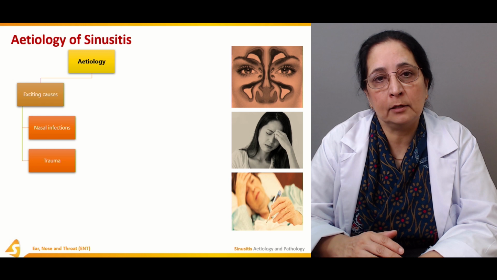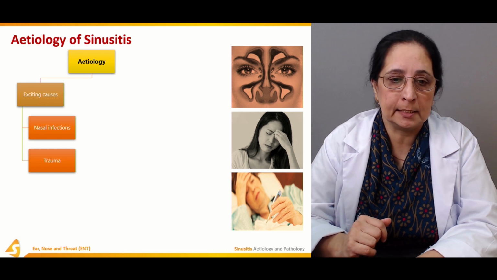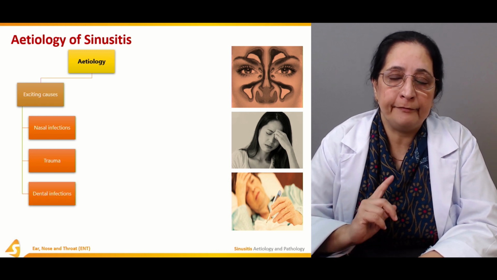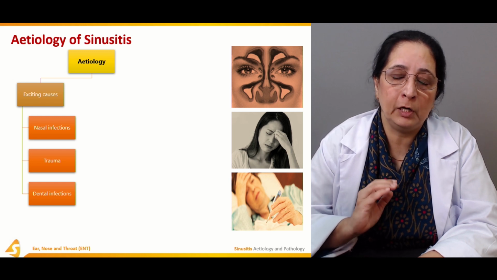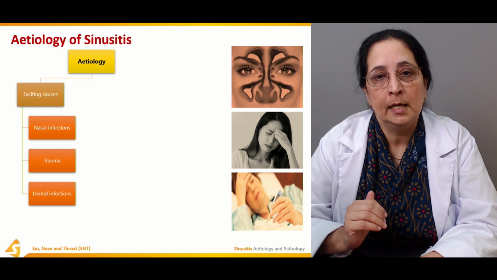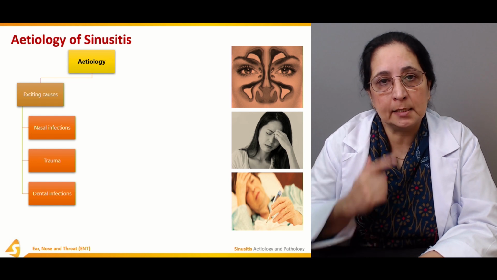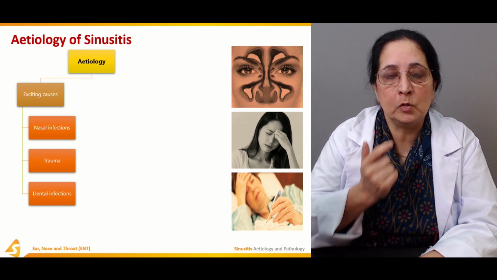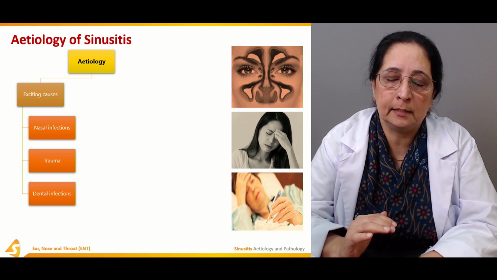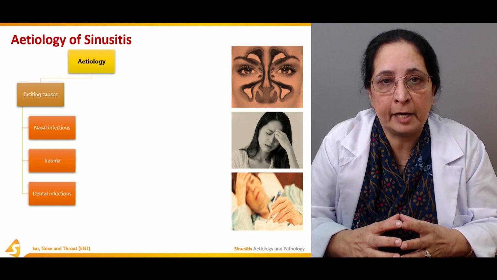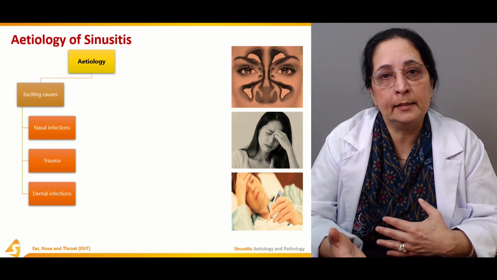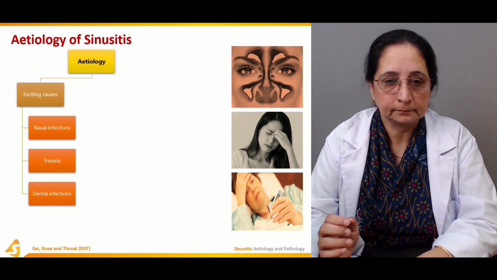Any trauma can cause sinusitis. Dental infections, upper dental infections, are a very common cause of maxillary sinusitis, because they are very closely associated with the maxillary sinus, and from the maxillary sinus the infections can spread to other sinuses.